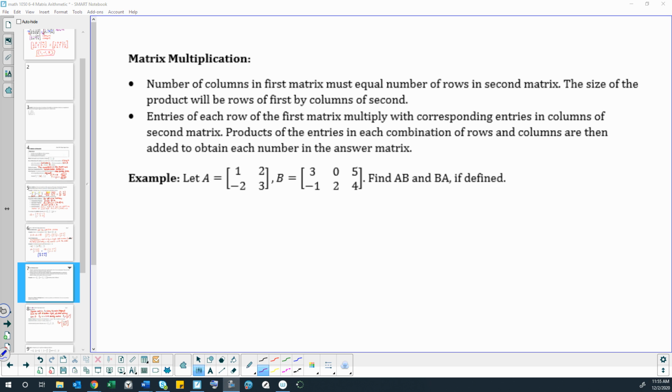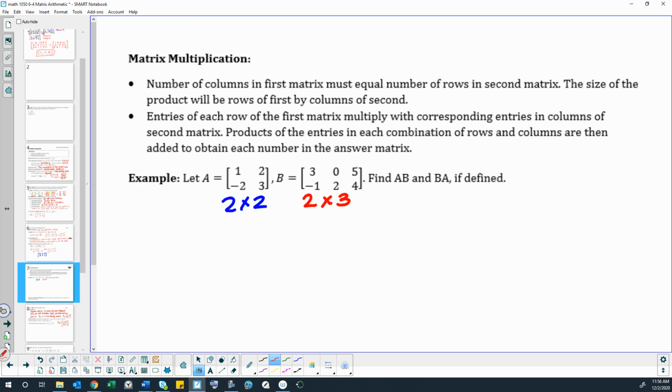The number of columns in the first matrix must equal the number of rows in the second matrix. The size of the product will be rows of the first by columns of the second. If that doesn't make sense, let's write it out. What's the dimensions of this? It's a 2 by 2. Good. And what's the dimensions of this one here? Perfect.